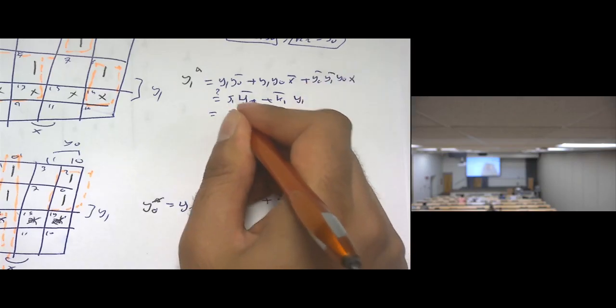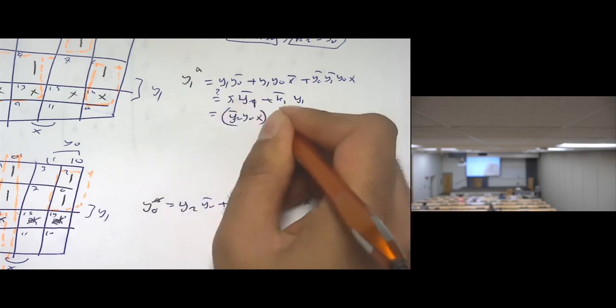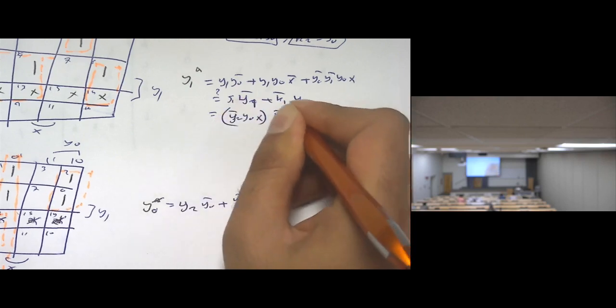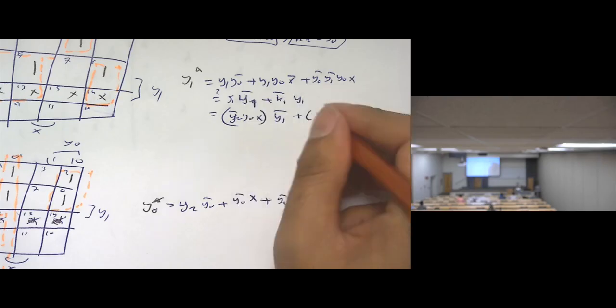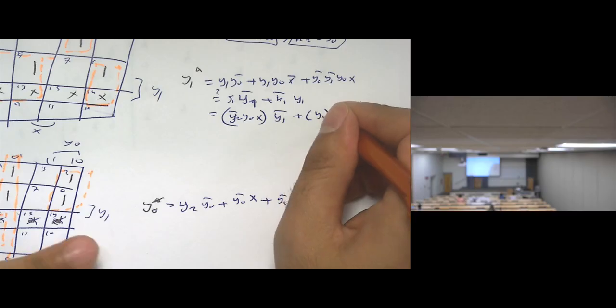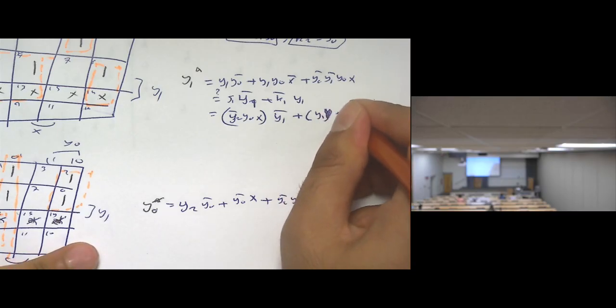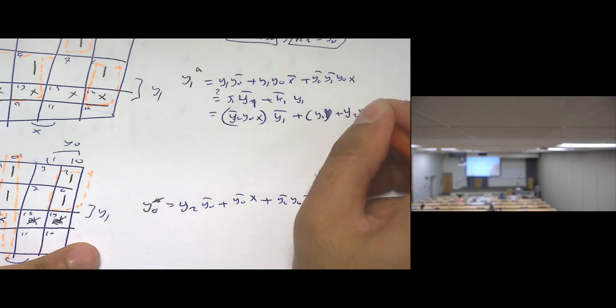We have y2 bar y0 x times y1 bar plus k1 bar, which is y1 times y0 bar plus this part, we said it's y2.